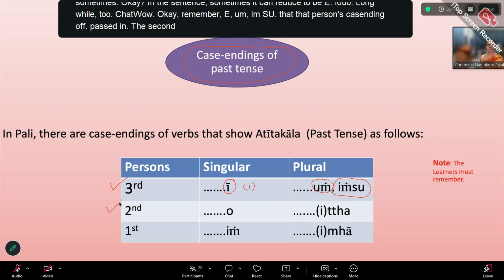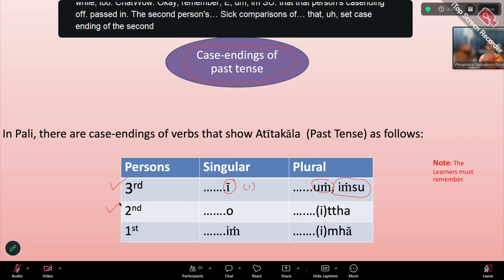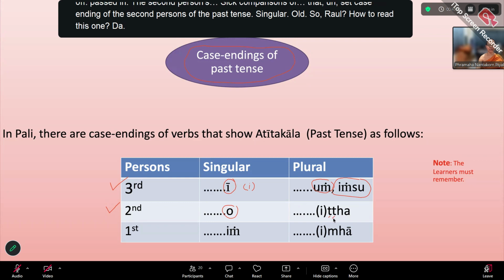The case endings of the second person of the past tense: singular o, plural ttha.